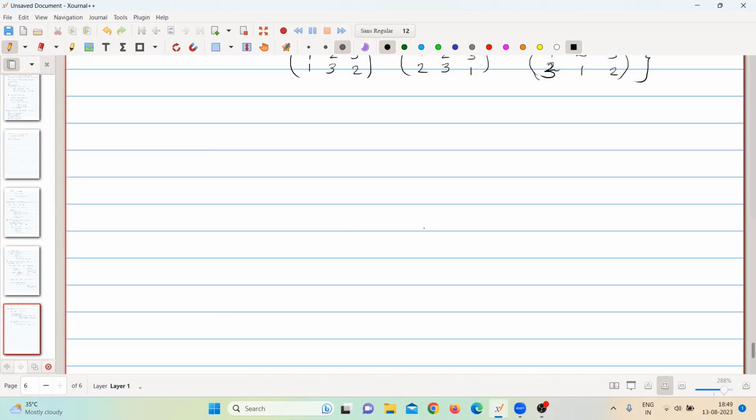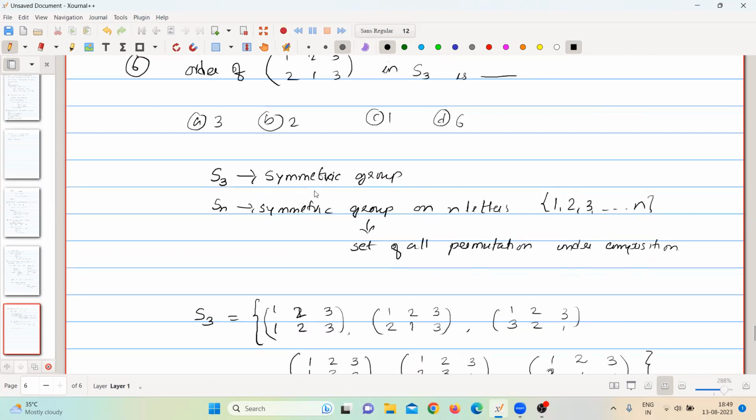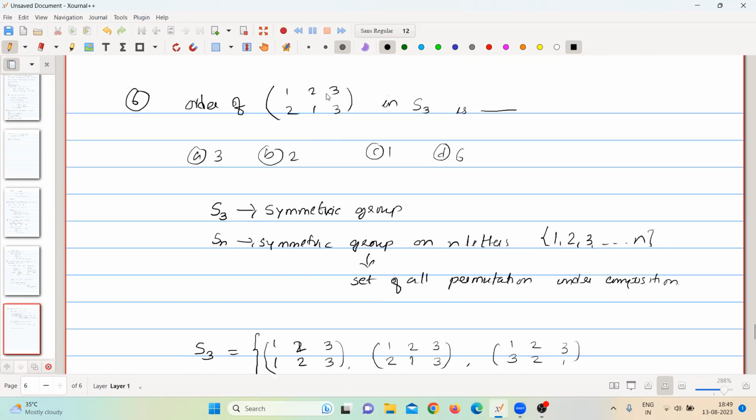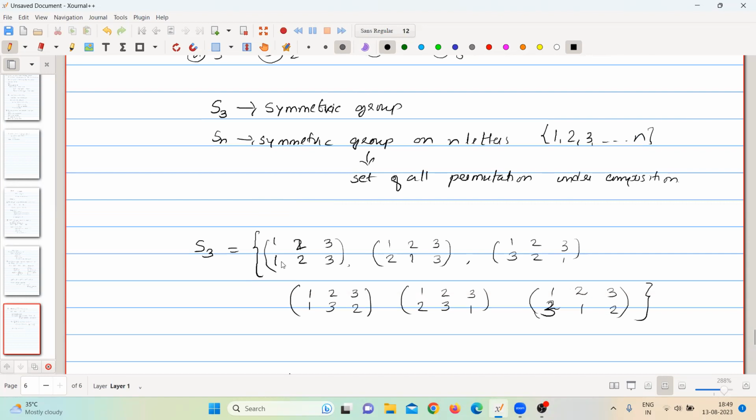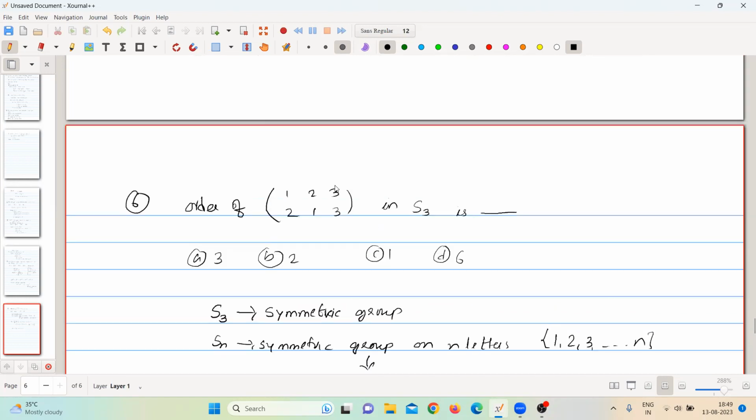So the order of a means the least n such that a power n equals identity. So we want to find the least n such that this element power n, that is, composition n times, gives the identity element 1, 1, 2, 2, 3, 3. That is our order.